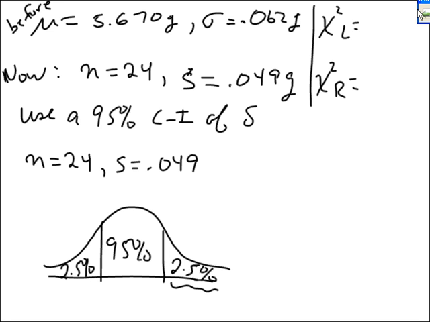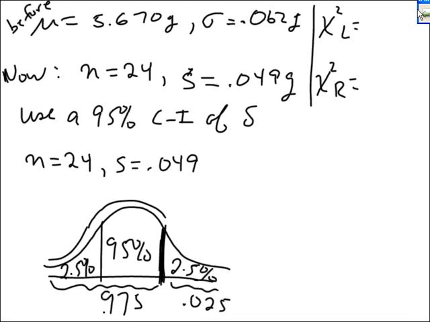So in just the right tail, to the right of the cutoff here, is 2.5%, or 0.025. And all from the far left up to that cutoff is 97.5%, 2.5% plus 95%, which is 0.975.